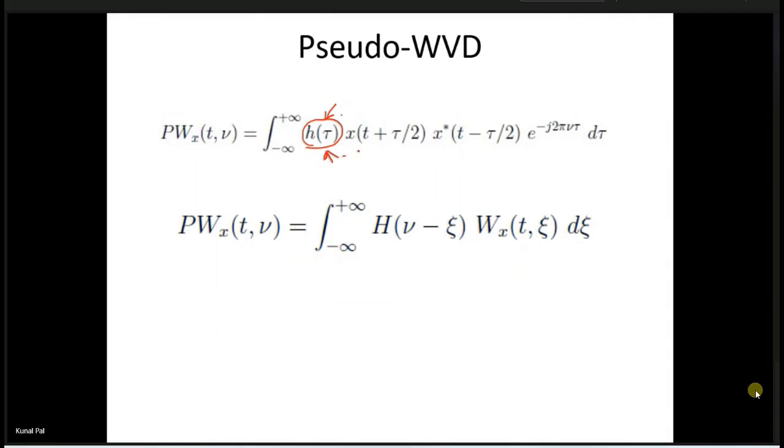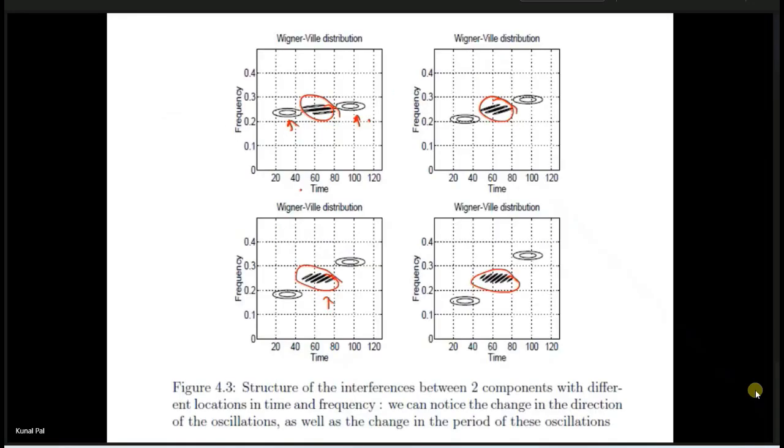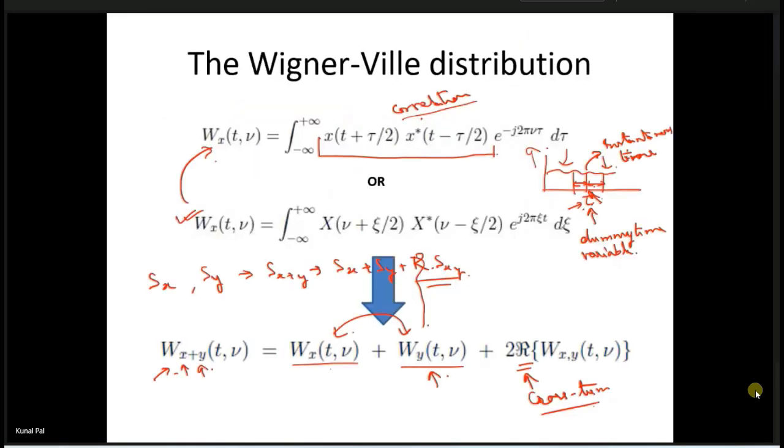So what we are doing, we are now taking the correlation of the function within a specific time interval across this tau. Okay, across this tau, if you remember clearly, we were taking all of the signal in the left hand side and all of the signal in the right hand side, and then we were doing the correlation.